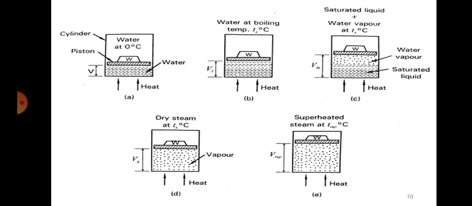But as the temperature rises up to say 100 degree Celsius, and then if you continuously heat it further, the water temperature will not go up, rather it starts converting into vapors. The water will start converting into water vapor. So you will have a mixture of water as well as water vapor in this particular state, because you are continuously supplying heat.